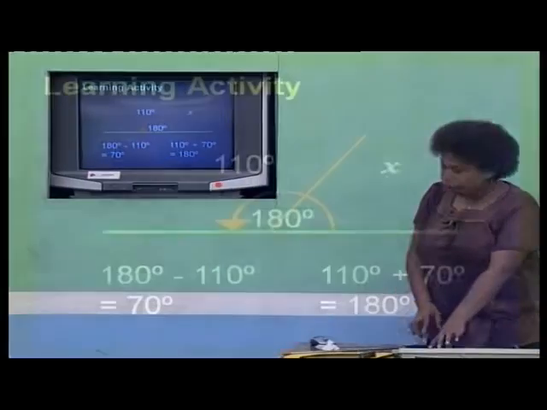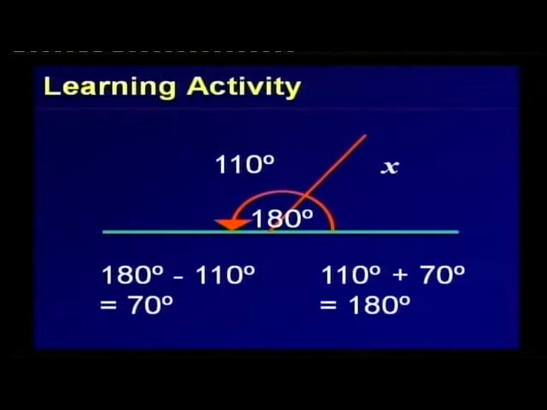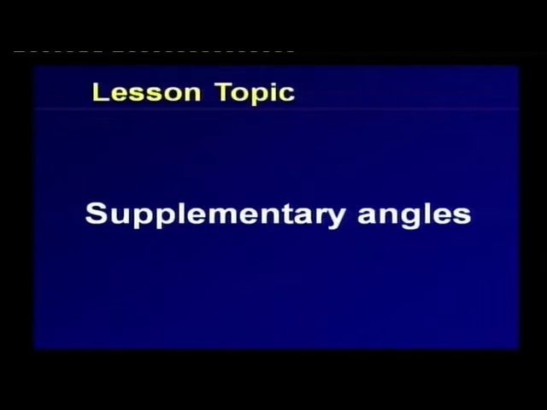Okay. So that brings us to our topic. Our topic for today's lesson is supplementary angles. All right?